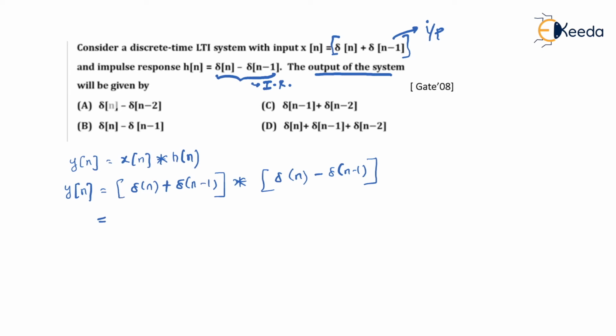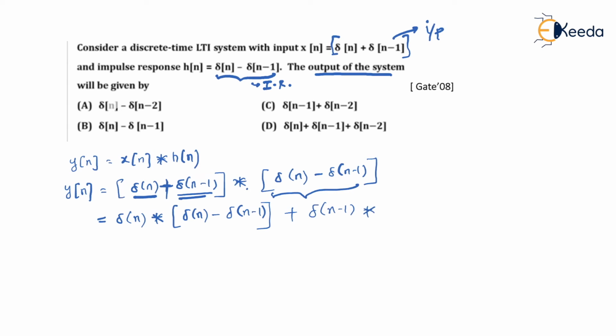Now, the way you multiply, in a similar way, you will convolve. That is, first of all, by del of n, you will convolve this whole term, and then by del of n minus 1, again you will be convolving the same bracket. That is, you can write it like this: del of n is convolved with del of n minus del of n minus 1, plus, because we have a plus sign here, the second term, del of n minus 1, gets convolved with again the second bracket, which is del of n minus del of n minus 1.